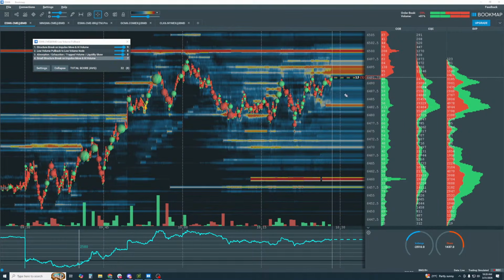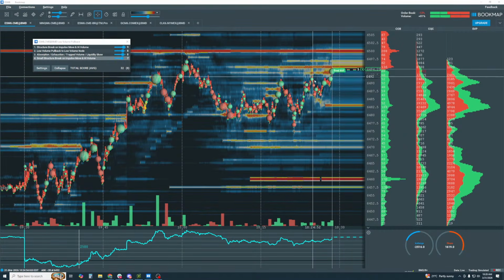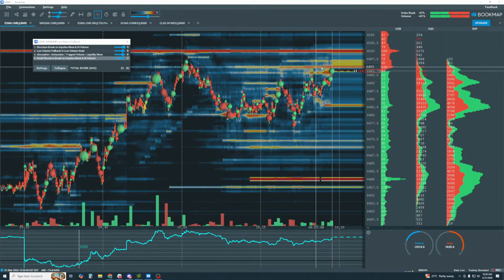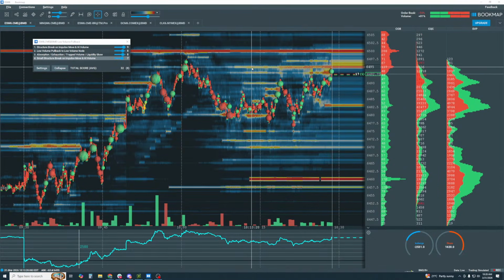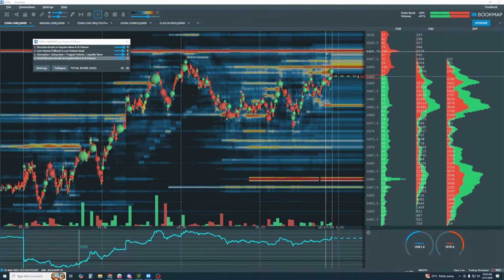Or more likely for that move up. Now here we go. And I would still look for it. 95 here. Let's see if we can get into that and through that, and let's see if we can get up into 6,500, the figure.